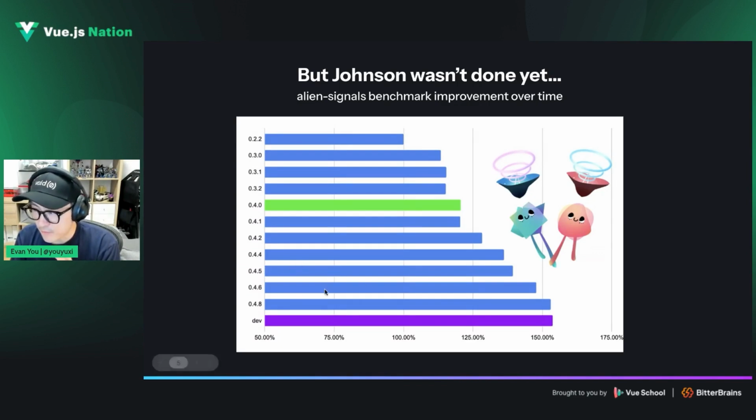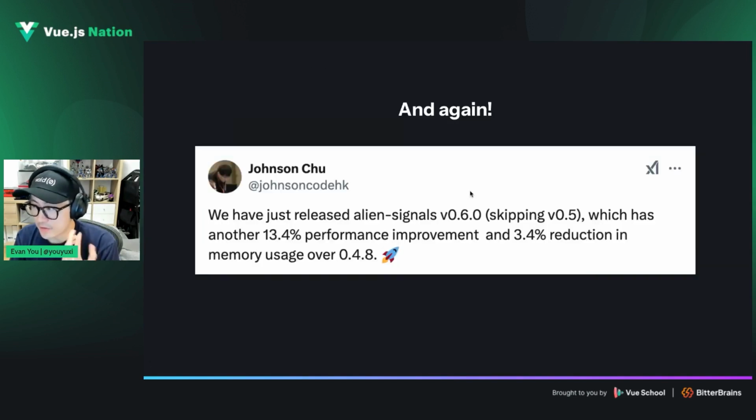So with every release, Alien Signals got faster and faster. In Alien Signals 0.6, we found another 13.4% performance improvement and 3.4% reduction in memory usage over 0.4.8.